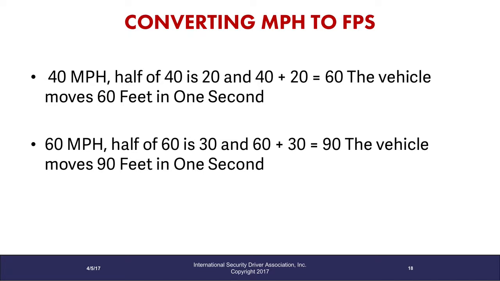Let's up the speed to 60 miles per hour. Do the same thing. You take the miles per hour, which is 60, take half of it, which is 30, add the 60 and the 30, and that will give you 90 feet per second. So a vehicle moving at 60 miles per hour travels 90 feet in 1 second.